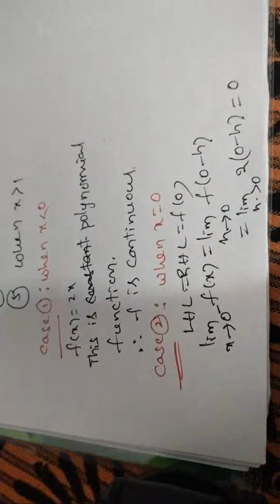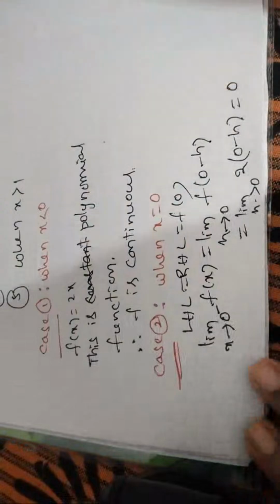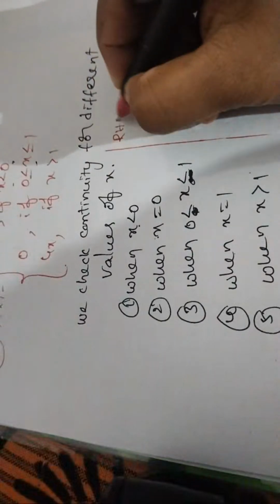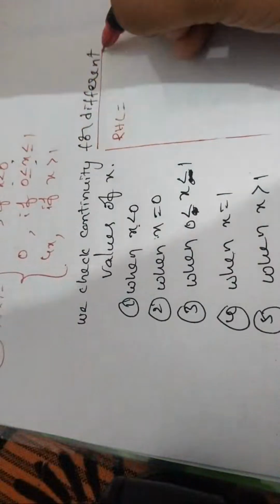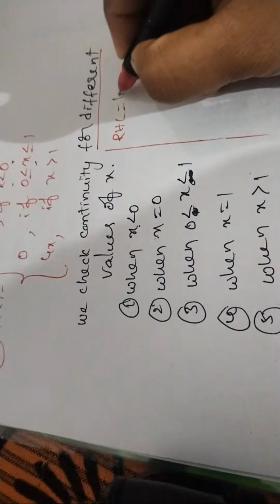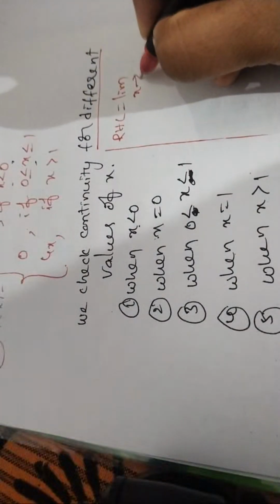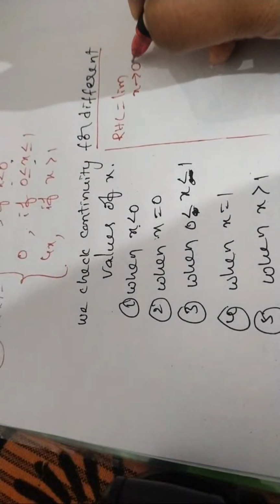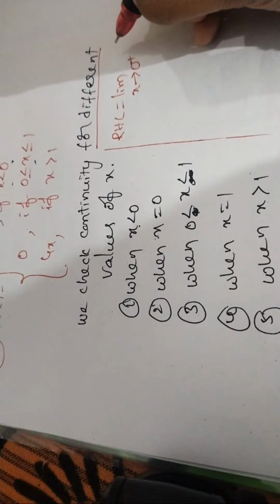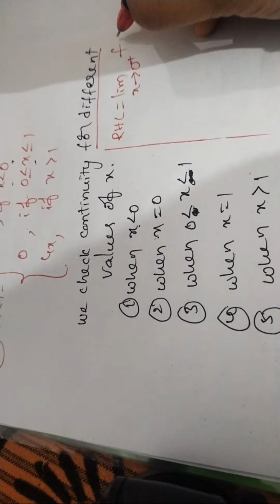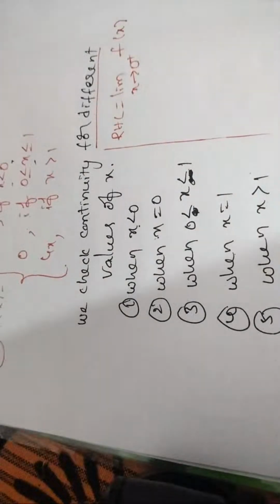Next we will find the RHL. RHL is equal to limit x tends to 0 plus f of x.